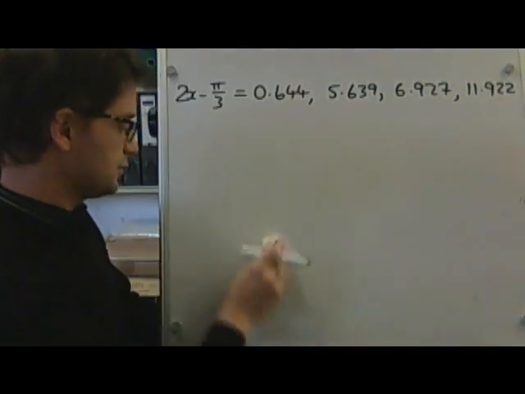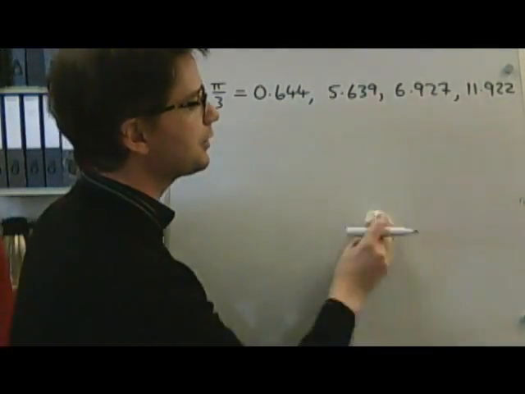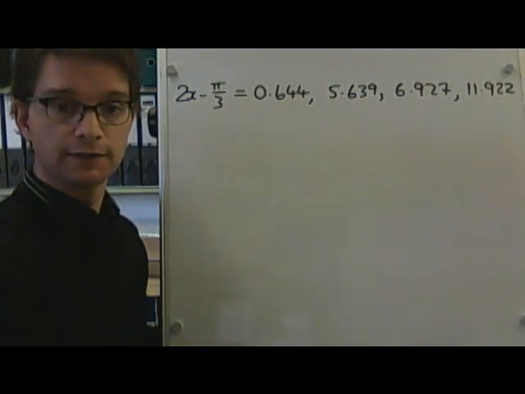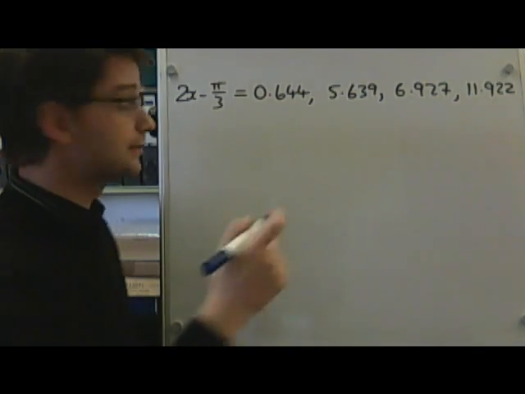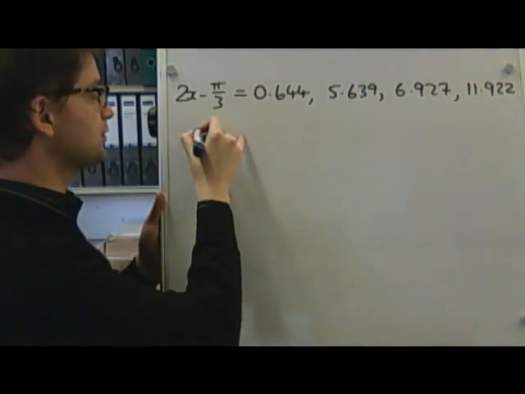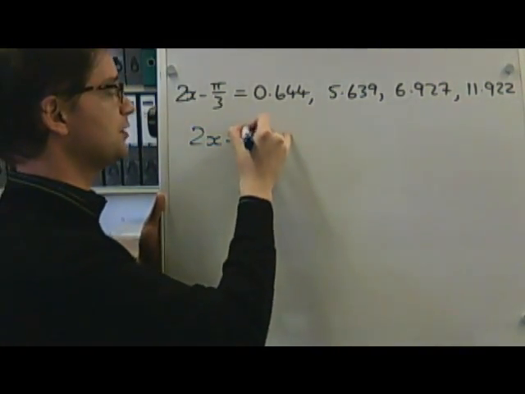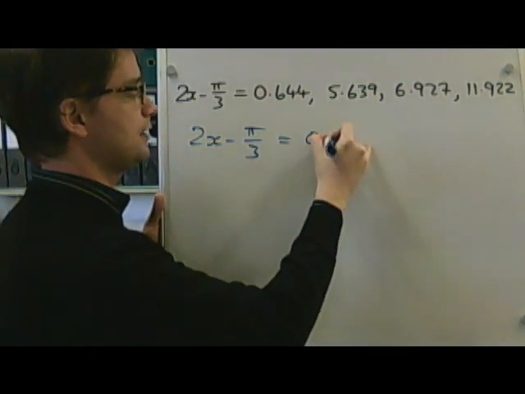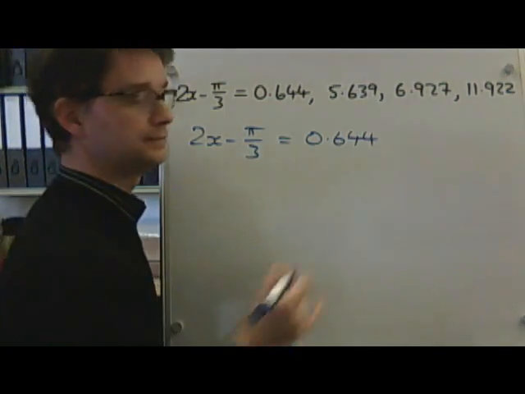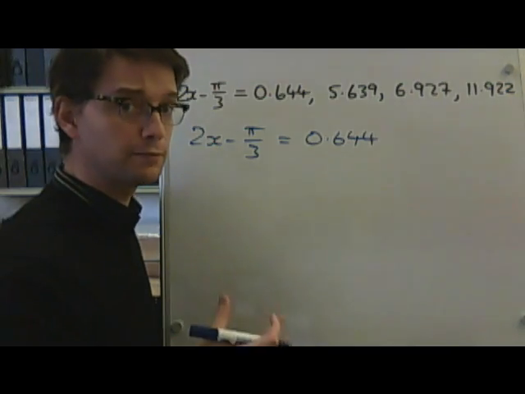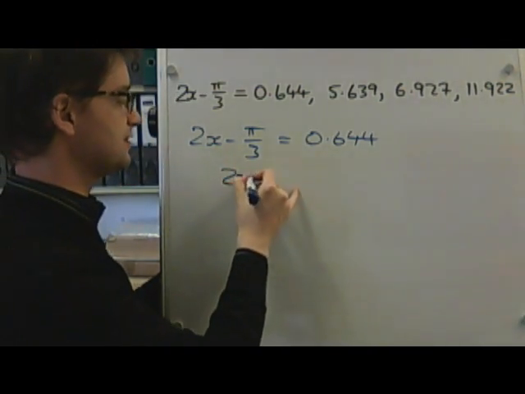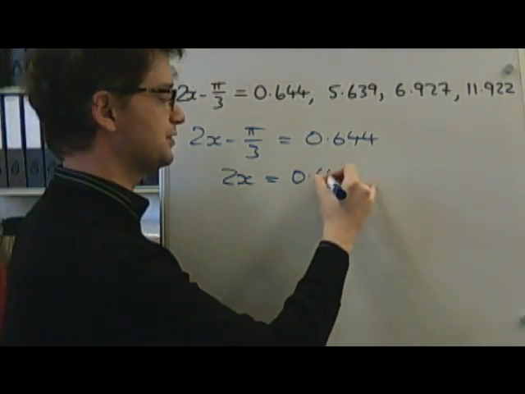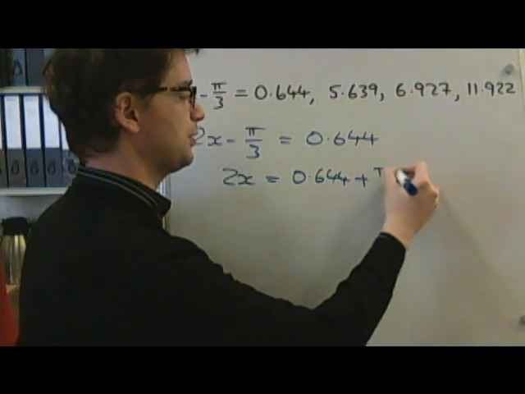Well, now what I've got to do then is I've got 4 little linear equations to solve, basically. Well, I'll do one of them and then I'll rub it out again to keep us on track. But our starting point is that 2x minus pi by 3 equals 0.644. Well, this is a simple little linear equation to solve. That says that 2x is 0.644 plus pi by 3.